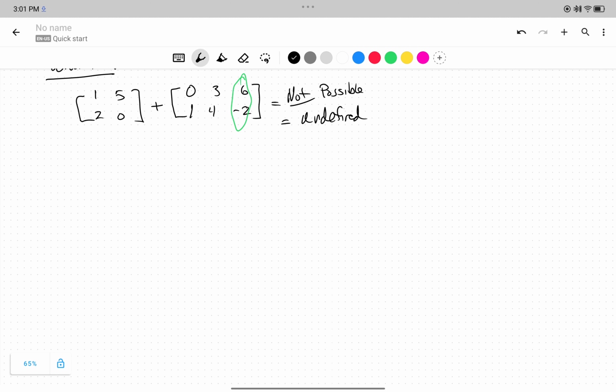Scalar multiplication is, if you think of it as distributing, then it'll be very straightforward to do since everybody knows how to distribute. And then there's another concept that is called transposition.